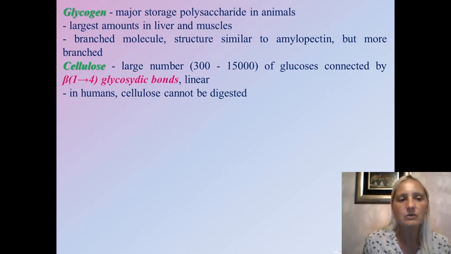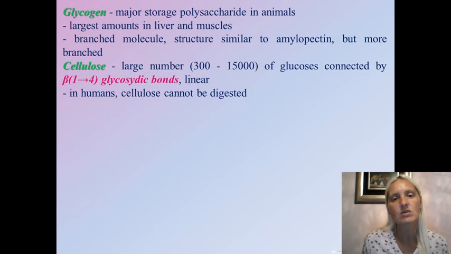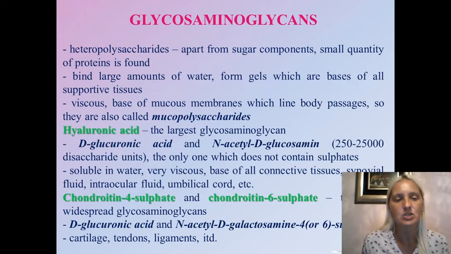Finally, to mention cellulose, which is a large linear polysaccharide containing several thousands of glucose molecules attached by beta-1,4 glycosidic bonds. In humans, cellulose cannot be digested because of the lack of the specific enzymes which can hydrolyze this beta-1,4 bond.